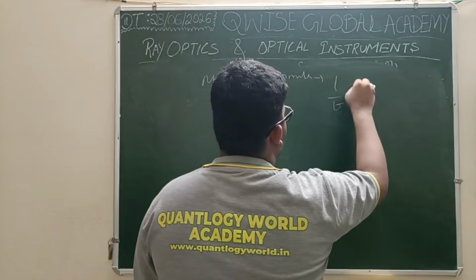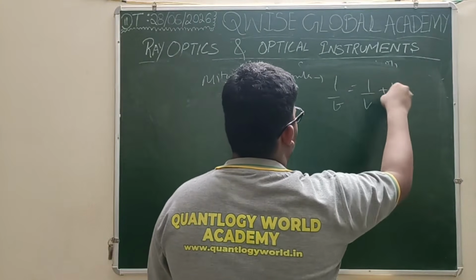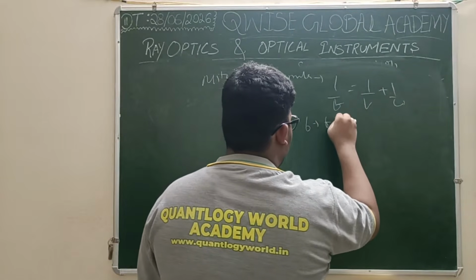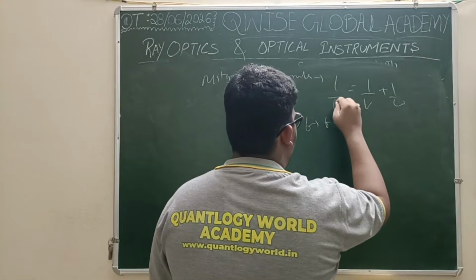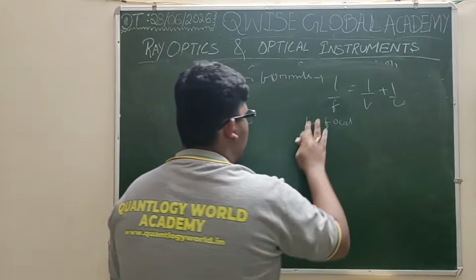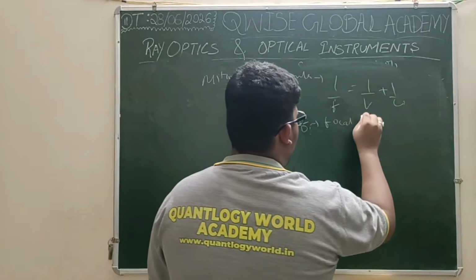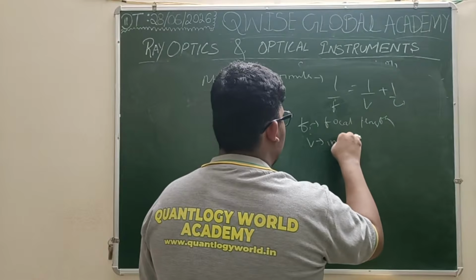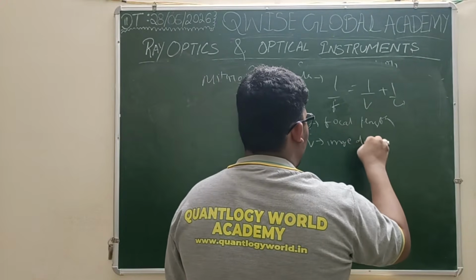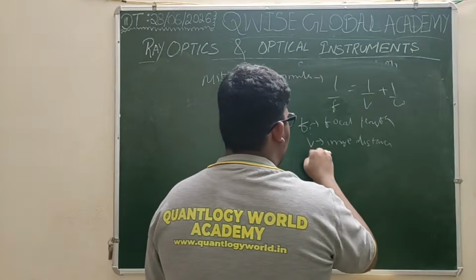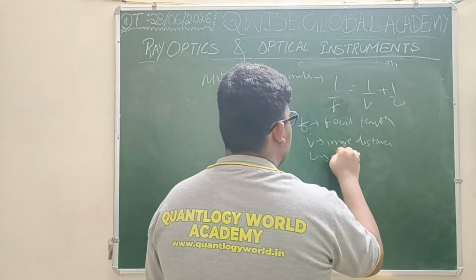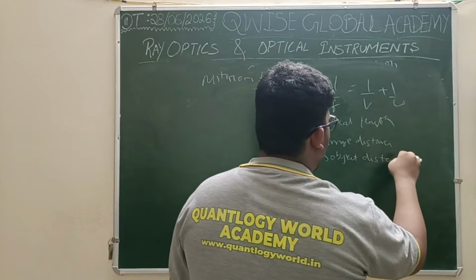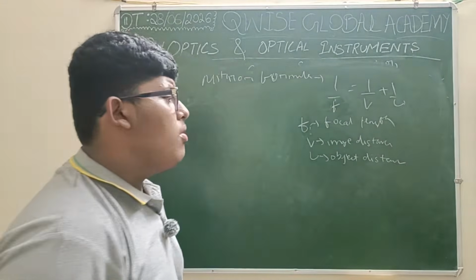That is 1 by f equal to 1 by v plus 1 by u, where f denotes focal length, v is the image distance, u is the object distance. This is the mirror formula.